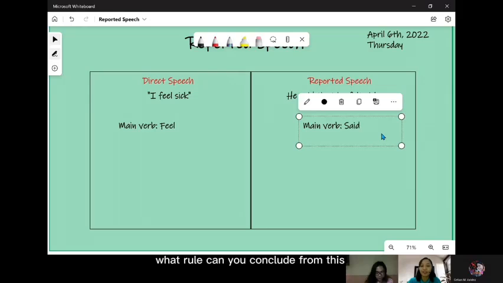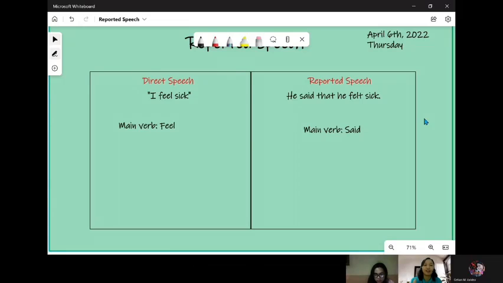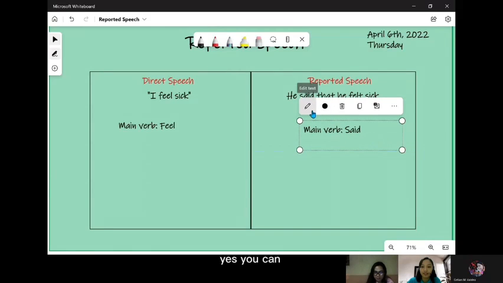What rule can you conclude from this, the change of verbs when converting direct speech into reported speech? Anyone? Can I answer? Yes, you can.